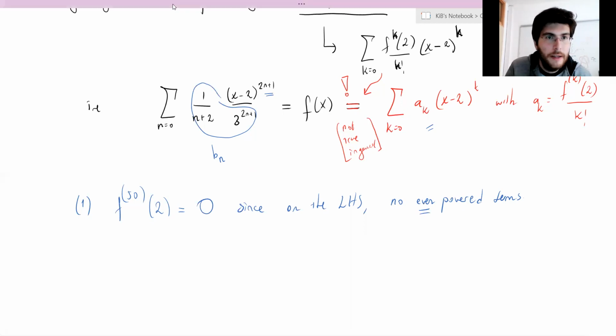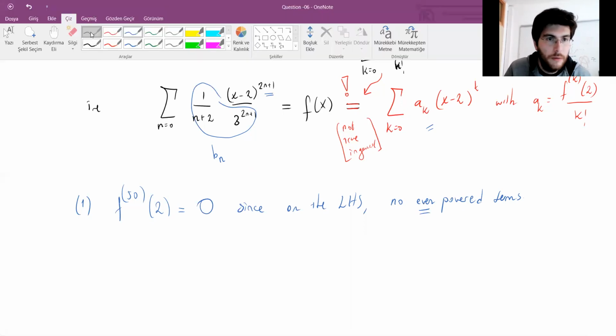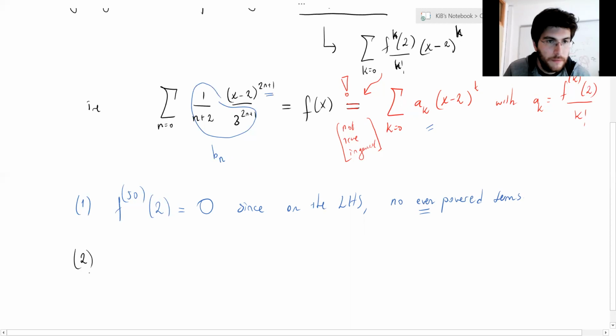And the second question was the derivative of f, say, of order 51 or something like this. This makes sense from the right-hand side.